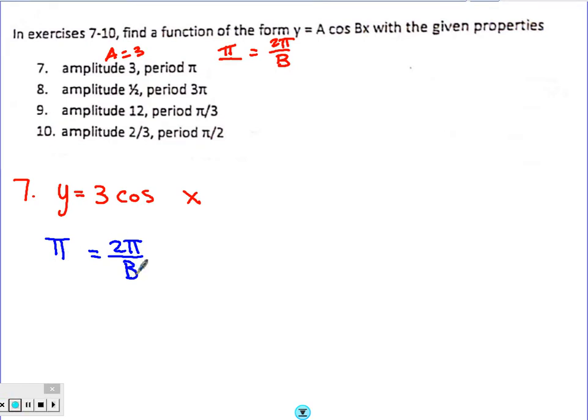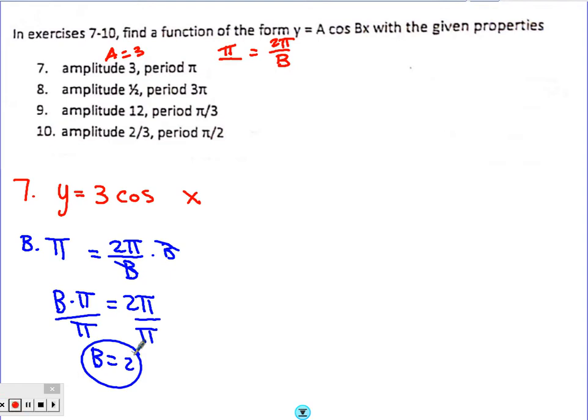Some of you might just see that, but if you don't, you can go times b, b's cancel, 2 pi, b times pi, right? So I multiply by b, then I want to get b by itself, so I divide by pi, and b equals 2 pi divided by pi, which is 2. b is 2. So 3 cosine 2x. So number 7, that would be the answer.